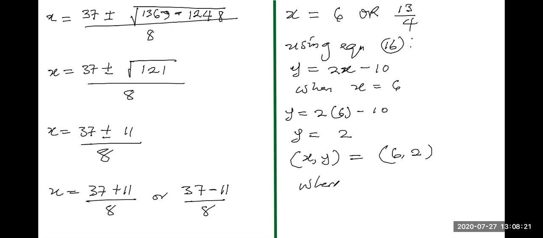So when x is the second value, 13 over 4, what's our y? That implies that y is equal to 2 into 13 over 4 minus 10. And when we simplify this, what do we have?